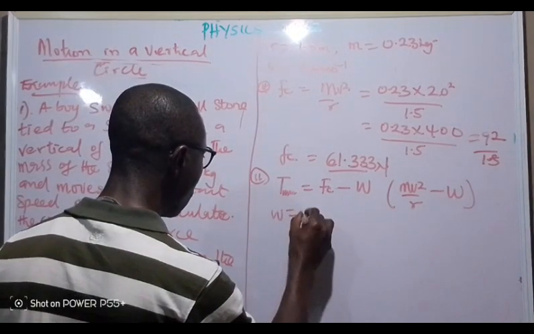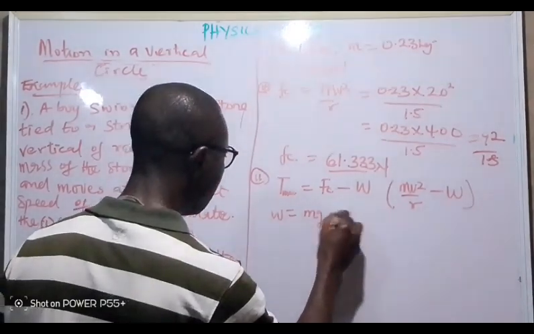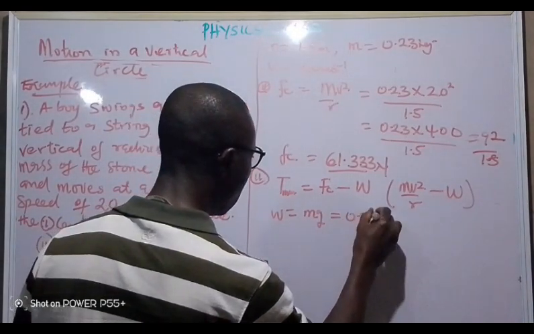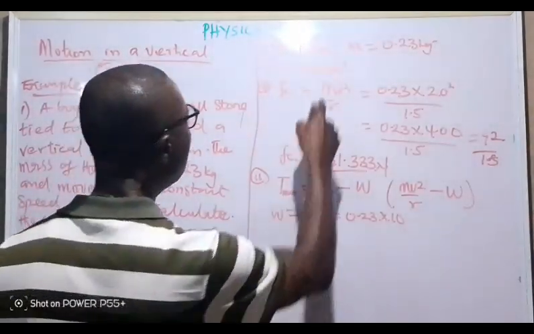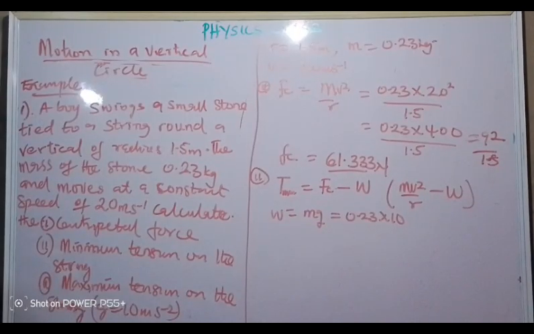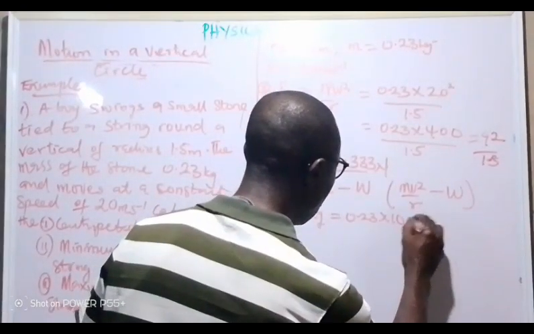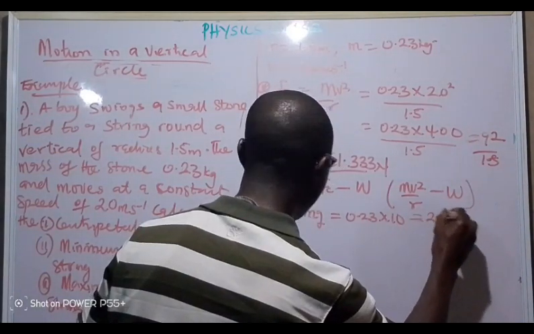That will be 0.23 multiplied by 10 to convert this mass to Newton. So this one will give us 2.3 Newton.